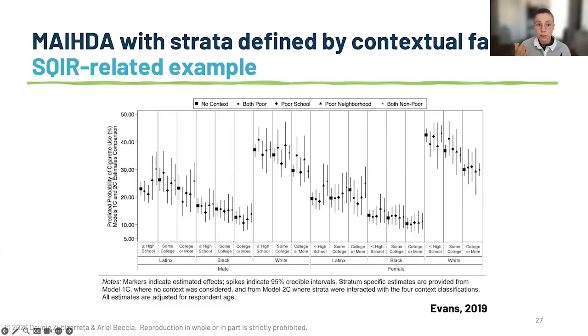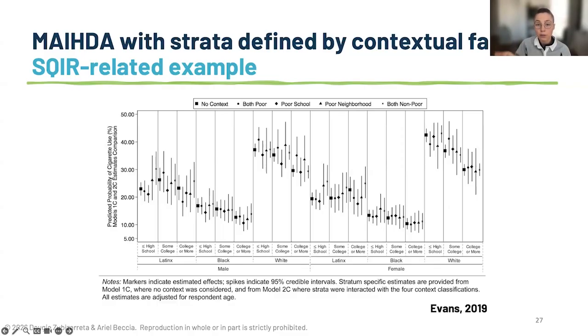So an example interpretation could be the prevalence of cigarette smoking was around 15% for Black males whose parents have a college degree or more and who attend a non-poor school but live in a poor neighborhood. That is a really valuable estimate to have, and you can generate it for every single group of interest.